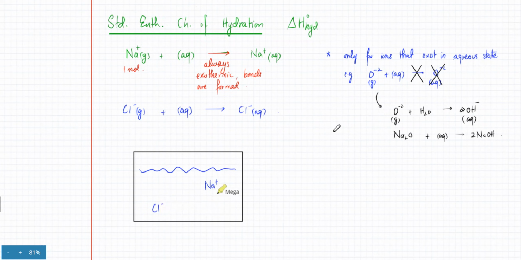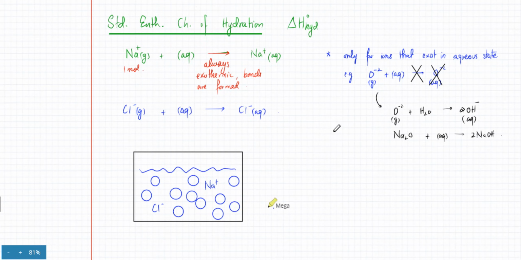The ions are in aqueous state now, and there are lots of water molecules everywhere, and the water molecules are keeping them apart. So it's a very dilute solution, which means there's plenty of water molecules and there's no way that Na+ and Cl- would get back together again.